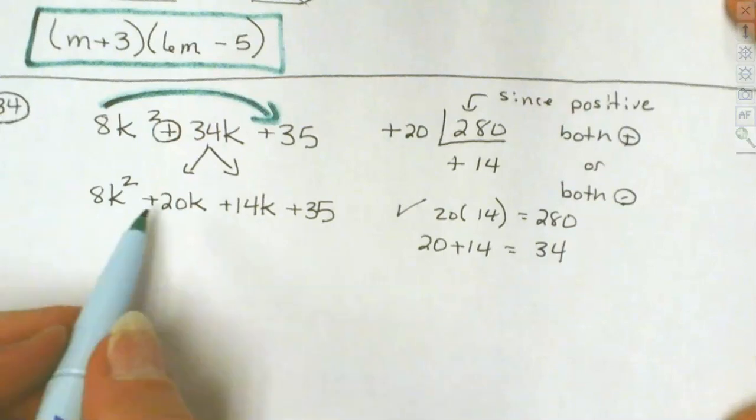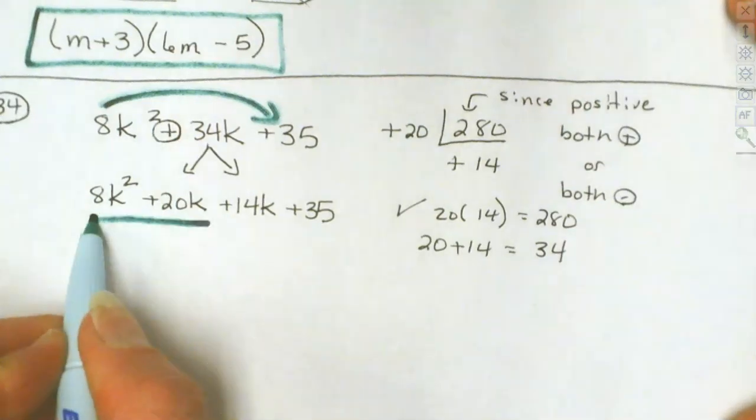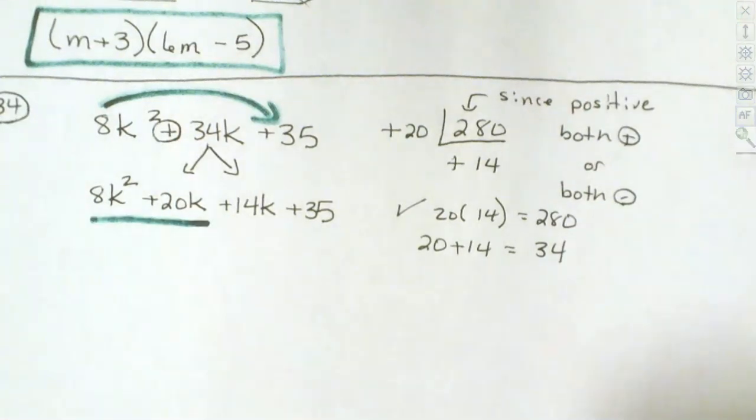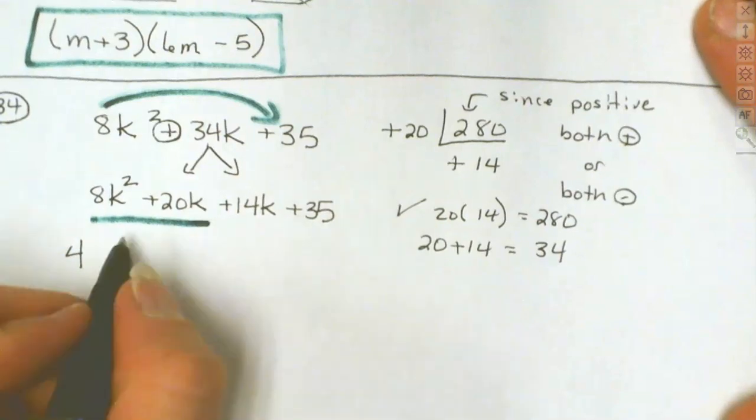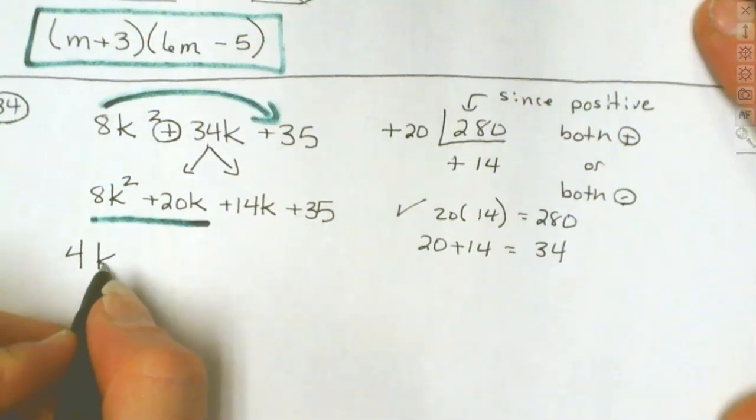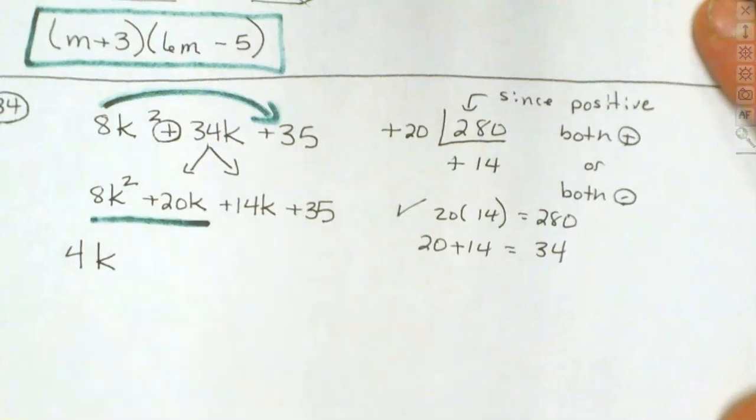You should not have to rearrange the order on these. They should always factor the way that they are. So we've got an 8 and a 20. What number would come out? 4 will come out. And what else? 4 and a k, right? Because they have a k in common.